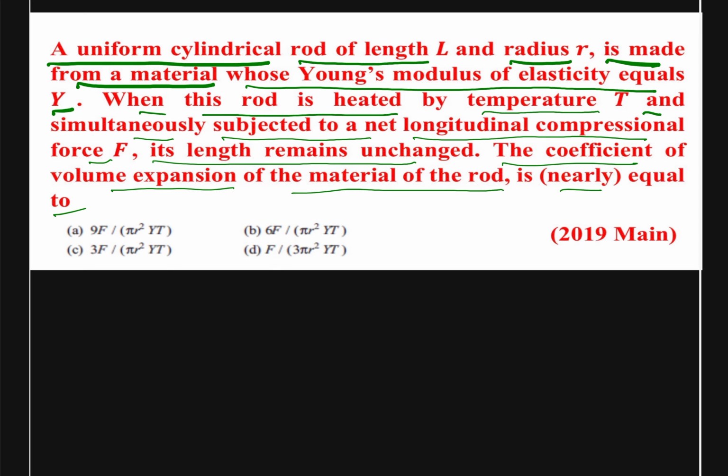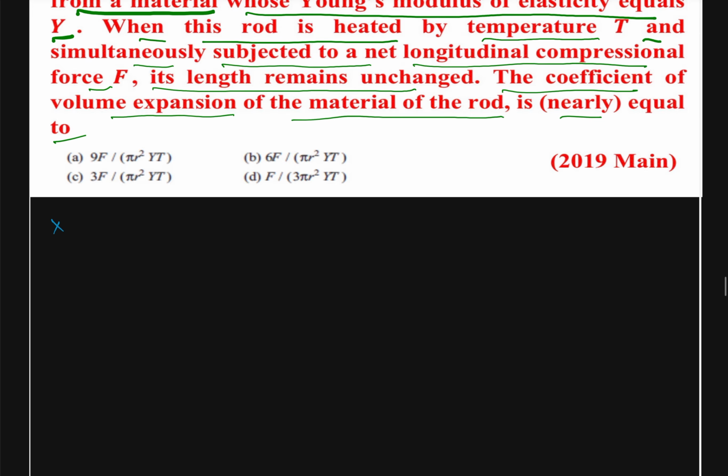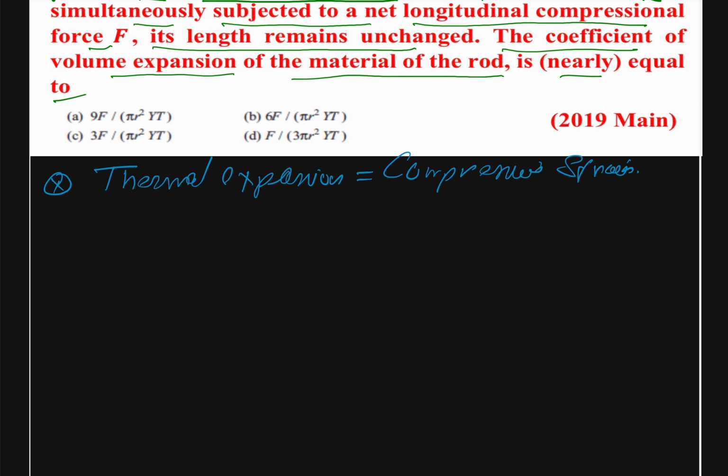So in this case, the thermal expansion should be balanced by, or equal to, the compressive strain, because the length is unchanged.